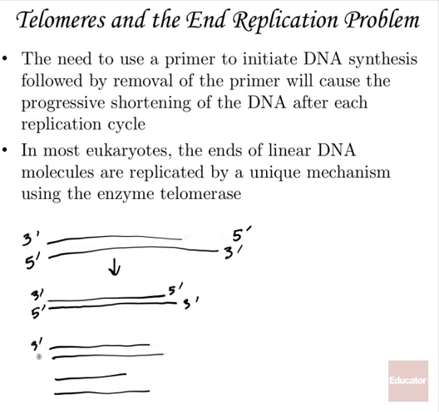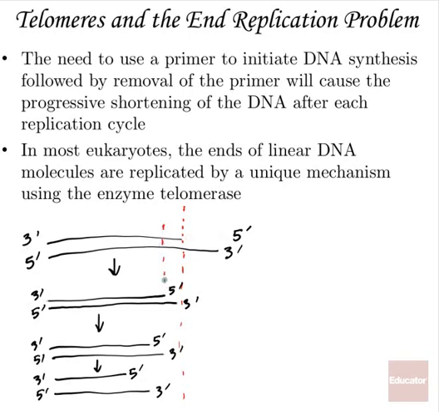Okay, 3 prime, 5 prime, 3 prime, 5 prime. So this is after it's all been processed, and as we can see, the chromosome used to be to here.